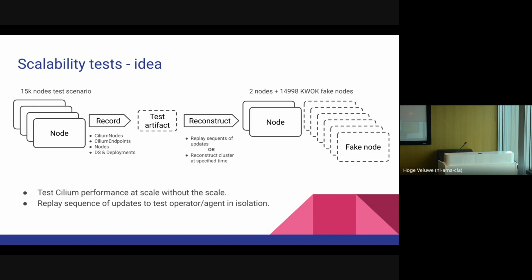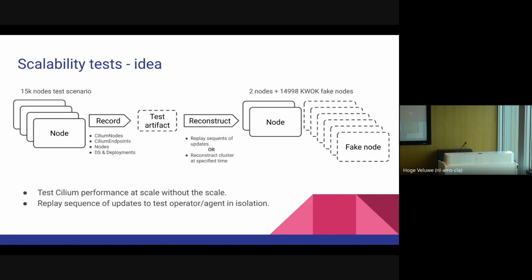But I built this tool. I call it Cube Rewind, so you can get an idea of what it does. Basically, we record the state and all the changes of the specified resources. In this case, for example, I'm interested in watching nodes, Cilium endpoints, node daemon sets, and deployments.